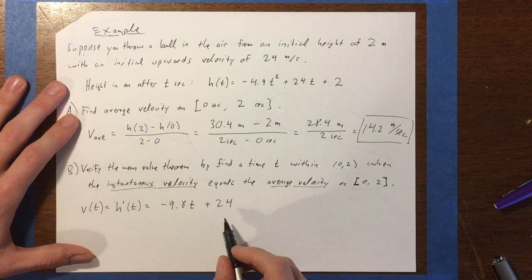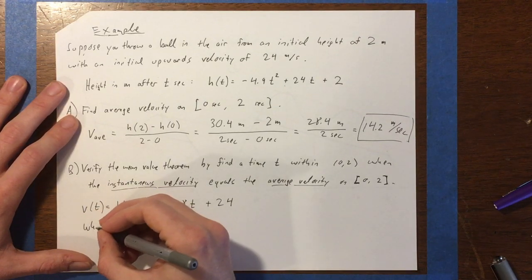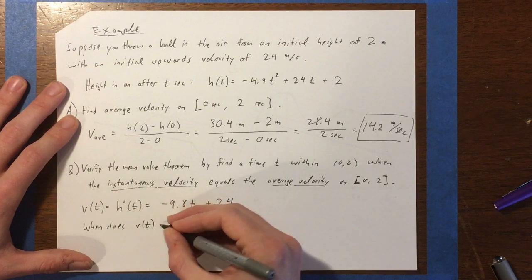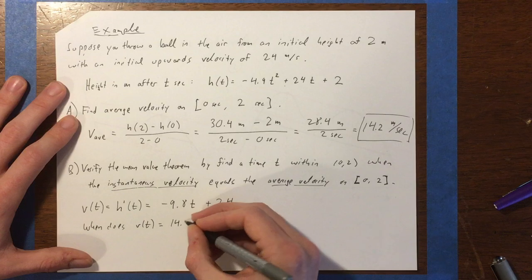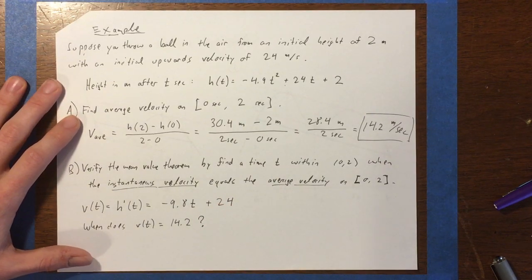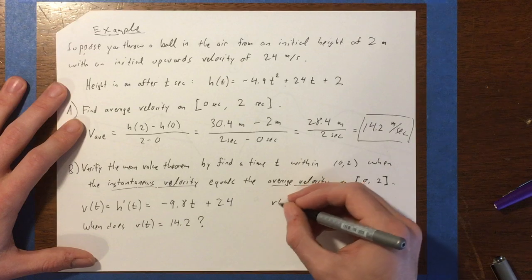So now what we want to do is figure out when does v of t equal 14.2. When does the velocity equal 14.2 meters per second? So we'll take v of t and set it equal to 14.2.